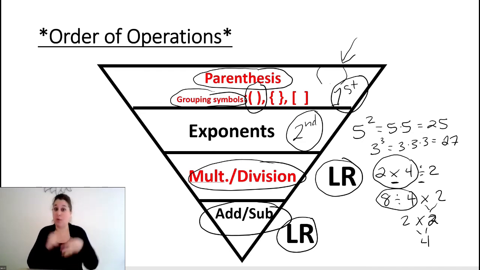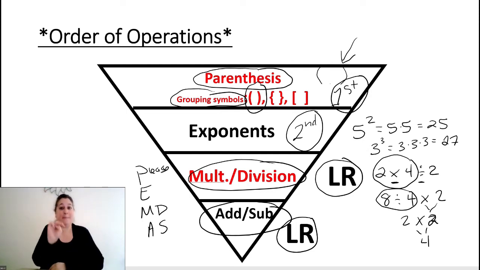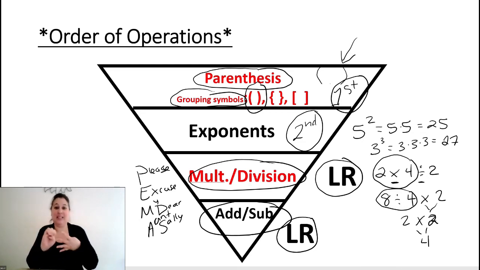Something that will help you remember this order is this. PEMDAS stands for please excuse my dear Aunt Sally. A lot of people use this to help them remember the order.